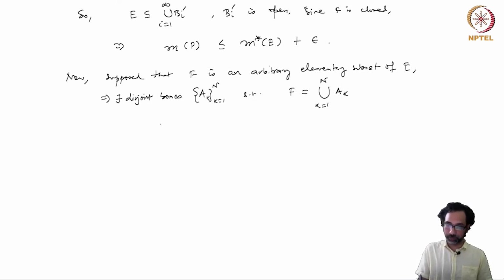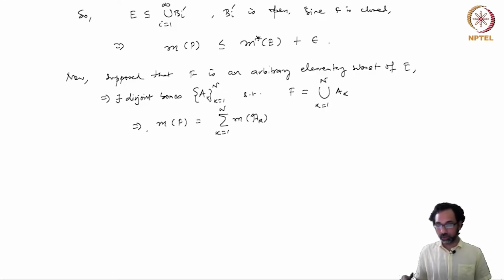So m(F) is equal to the sum of these measures m(Ak), k equal to 1 to N. So we have an arbitrary elementary set F, which is expressed as a finite union of disjoint boxes Ak.